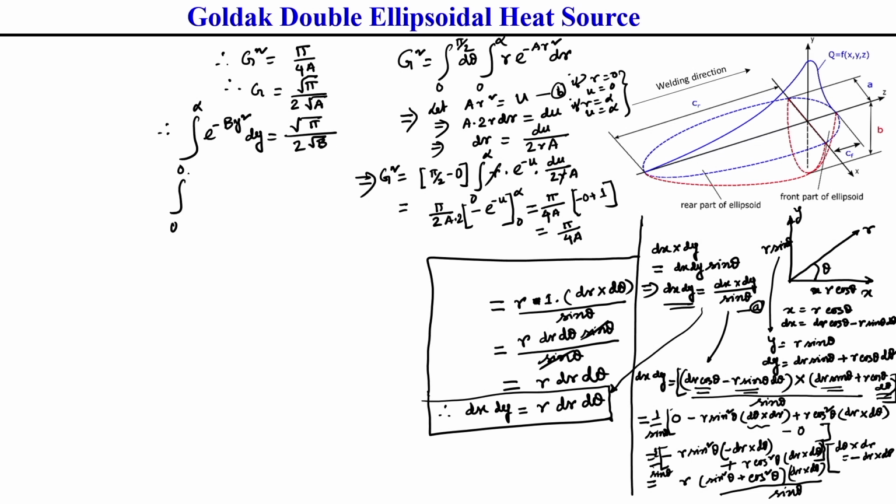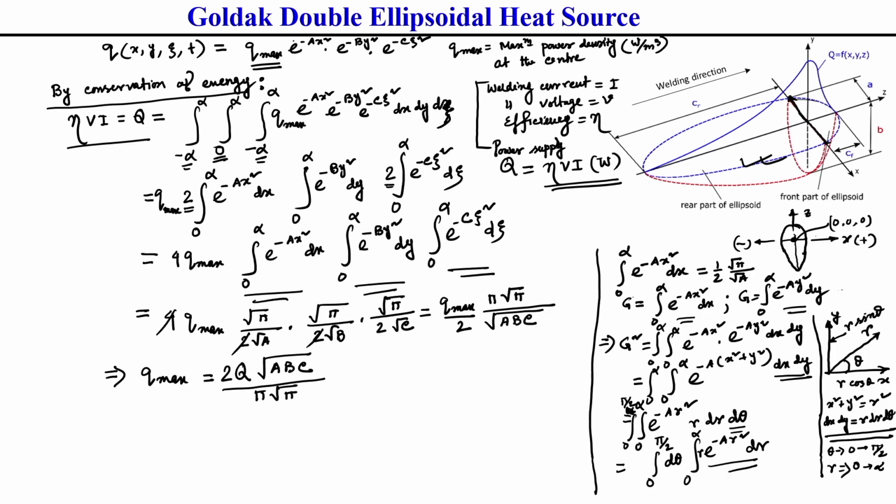Similarly, the integration of 0 to infinity e to the power minus c zeta square d zeta will give you square root of pi by 2 root c, correct. So, you got the idea of how the previous equation comes: square root of pi divided by 2 root a, square root of pi divided by 2 root b. So, you got what the q max value is. This q max value we got, okay.